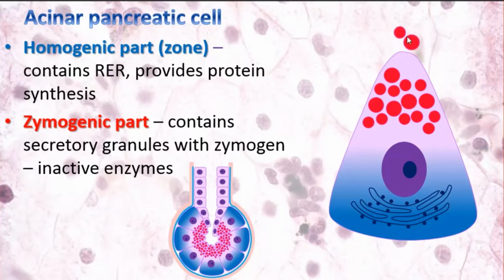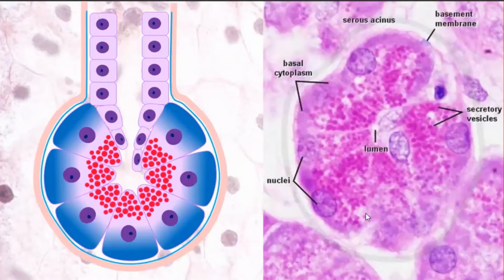And they are released from the cell, and in inactive condition they are going to the lumen of duodenum. And there they meet food and they provide digestion. And here you can see basal pole, it's violet in shade, and also you can see numerous pink granules. There are secretory vesicles full with zymogen.